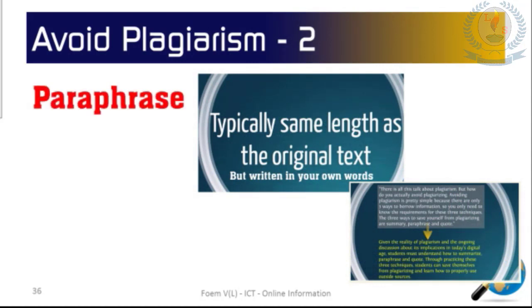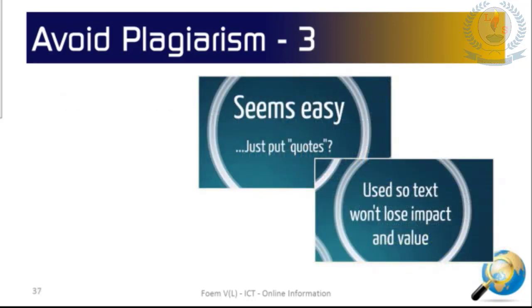When you take a paragraph from the internet, you can keep the same length of the paragraph, but you add your own words to it. So you are not directly taking the internet contents and passing them off as your own work. Third method, quote. You have to put quotations where you have taken the information straight from.